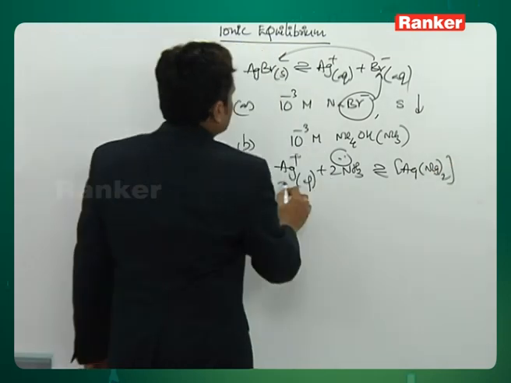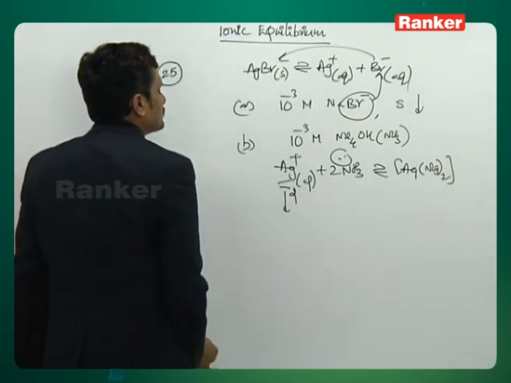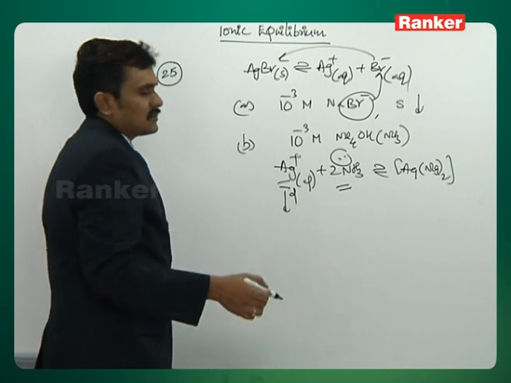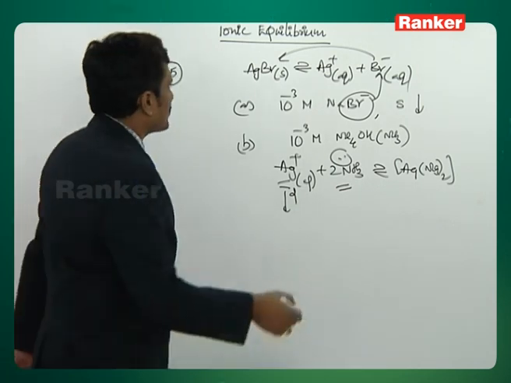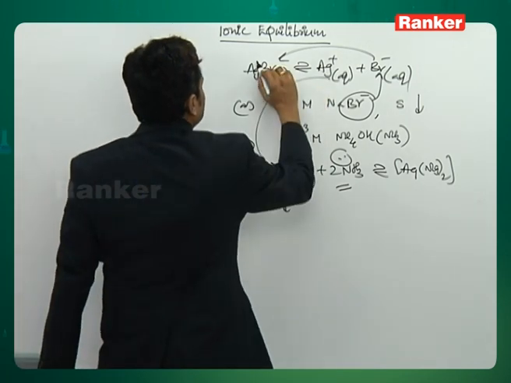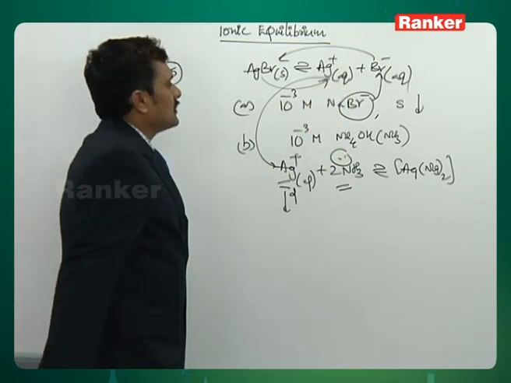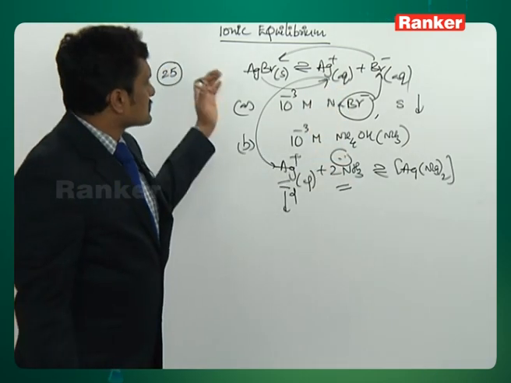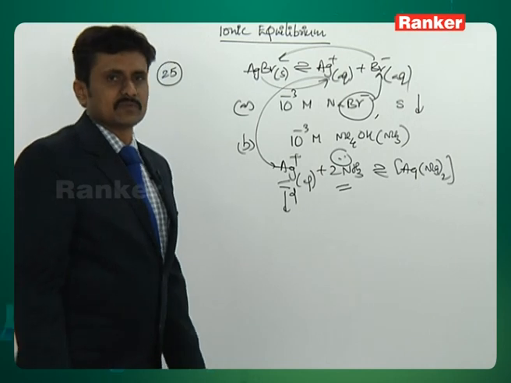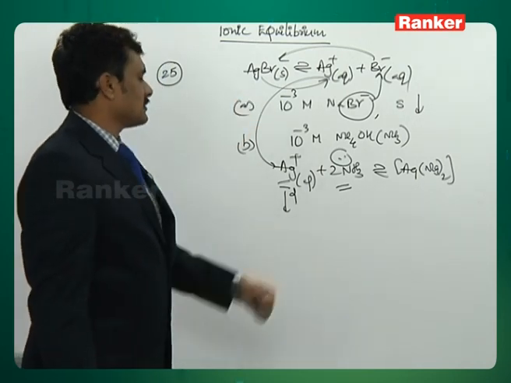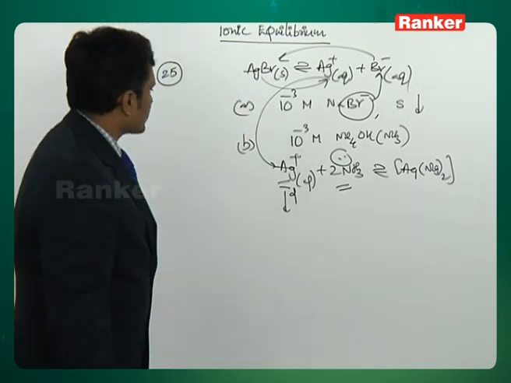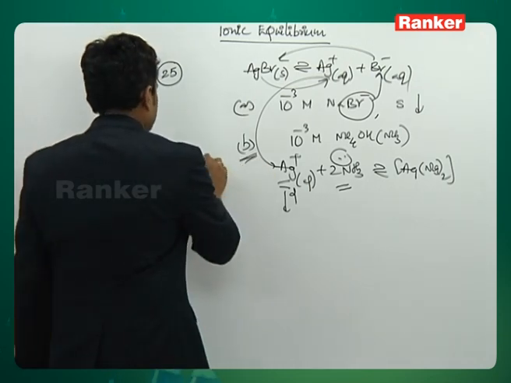I mean to say that the concentration of Ag plus is decreased because of the consecutive reaction, or the complexation by the ammonia. So when I decrease the concentration of Ag plus, I can anticipate the reaction to move in the forward direction, and the concentration of Ag plus is going to be maintained, so the solubility of AgBr is increased.